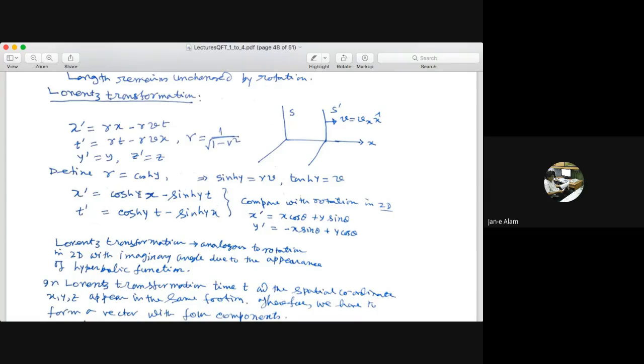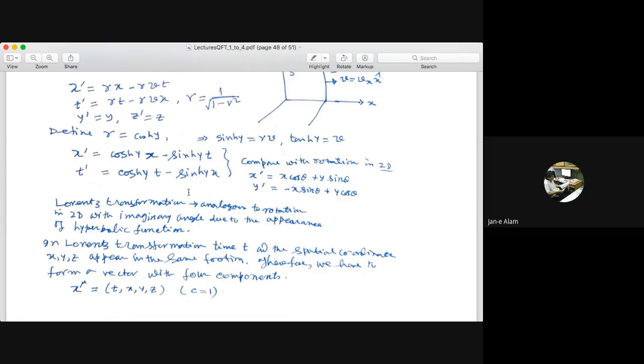Like cos of i theta is cosh theta. So these are imaginary angles. So this Lorentz transformation or Lorentz boost I can think of as a rotation in the xt plane, with some kind of imaginary angle.